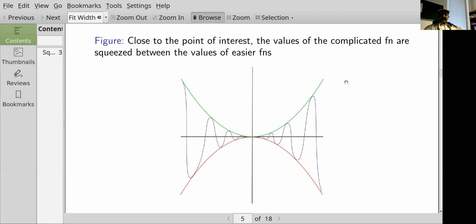So then its values are squeezed between the values of the two simpler functions. Since the two simpler functions are coming together, at least in the limit, at that point of interest, the complicated function takes the same limit at x naught.